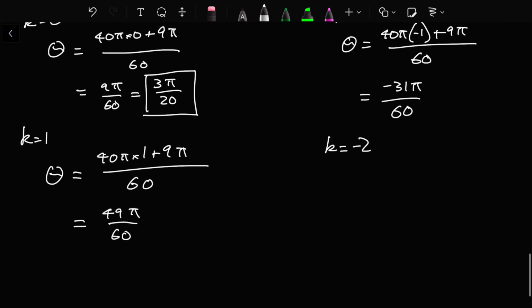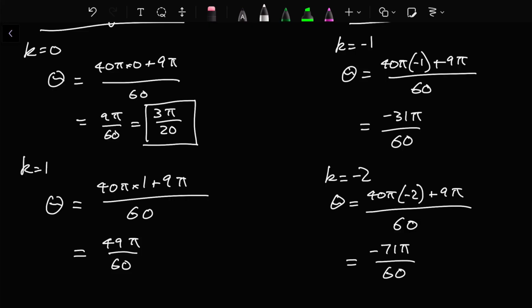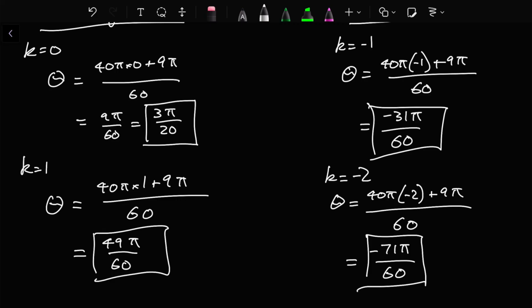At this point, it's just substitution. There's nothing too crazy, and we just trust the general solution will be fine. Over 60, which is equal to negative 80 plus 9, negative 71 pi over 60. And that's it. 1, 2, 3, 4. And we're done. Yay.